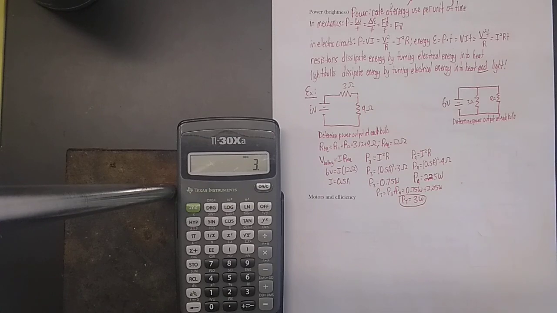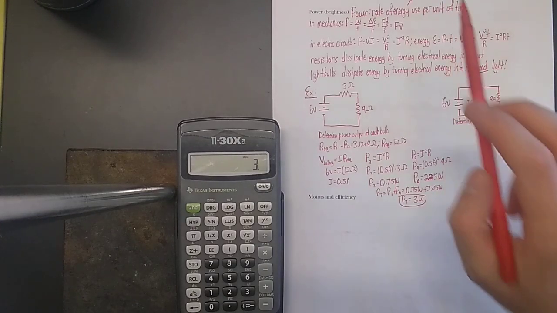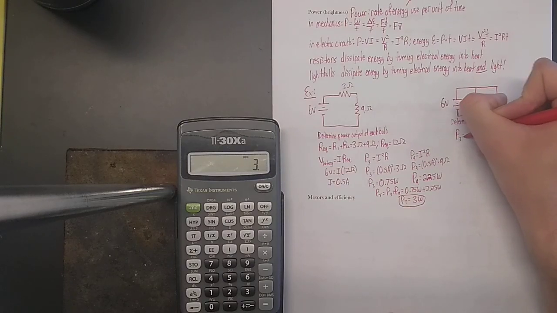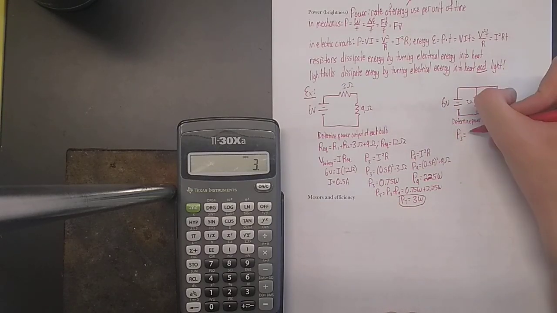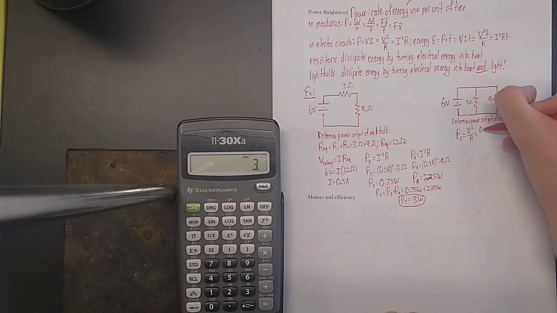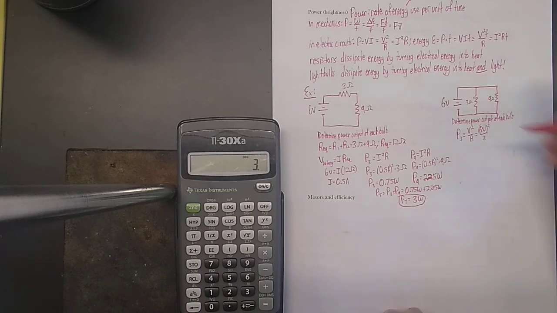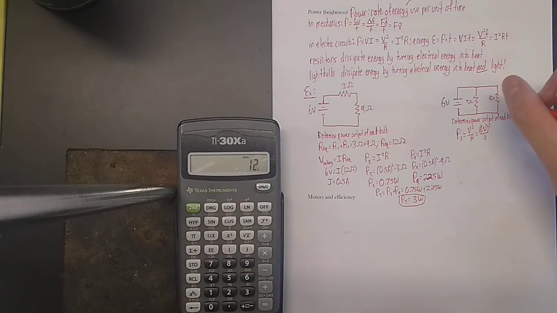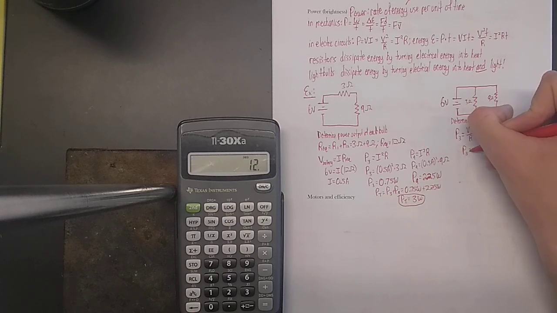So, do I even really need to figure out the current? No, because I can use this expression to figure out the power. The power through the 3 ohm resistor is equal to V squared over R, which is equal to 6 volts squared divided by 3. 6 squared divided by 3 is 12, and that's 12 watts.